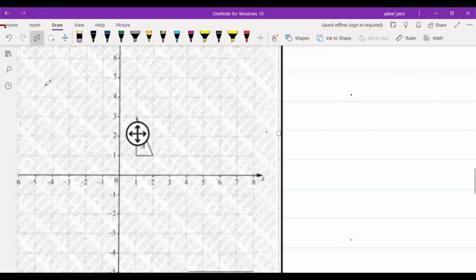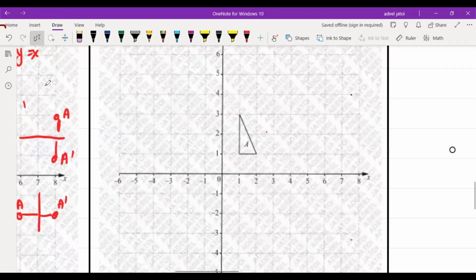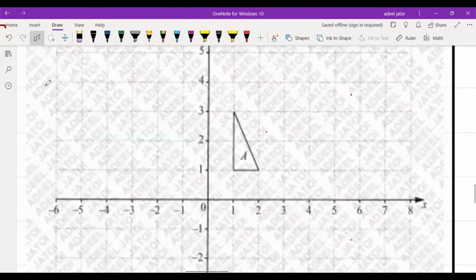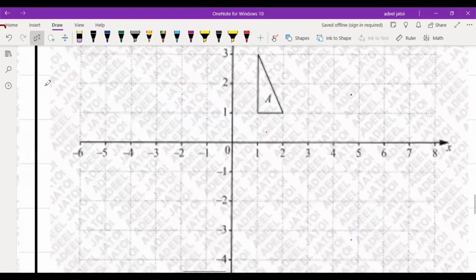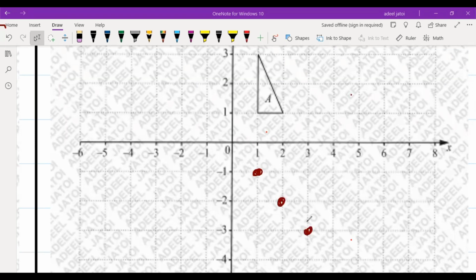So if I just want to have the reflection line considering the same aspect of the question, let's just say that if x is 1, then y will become minus 1. If x is 2, y becomes minus 2. If x is 3, y becomes minus 3. If x is minus 1, then y becomes 1.